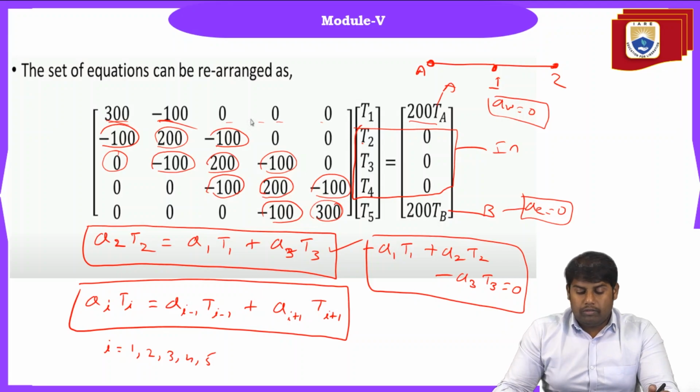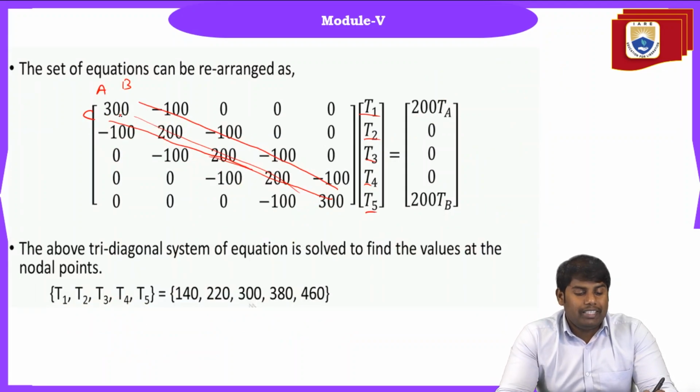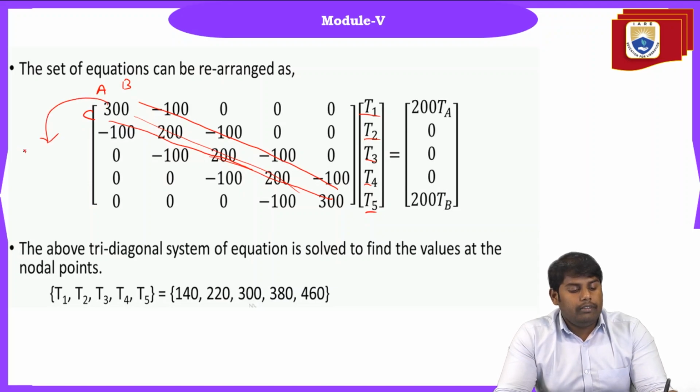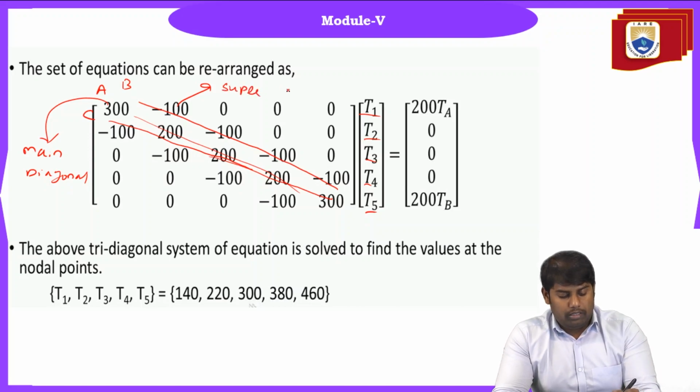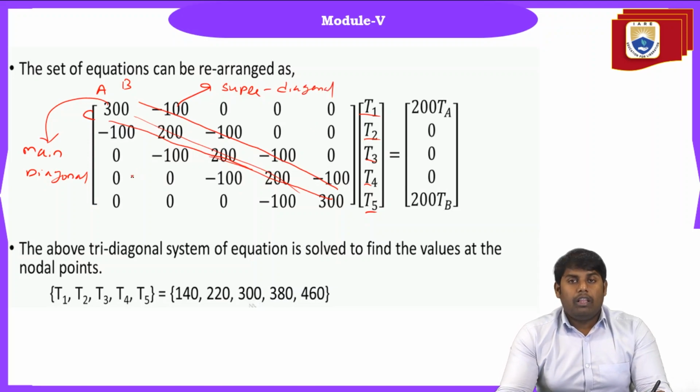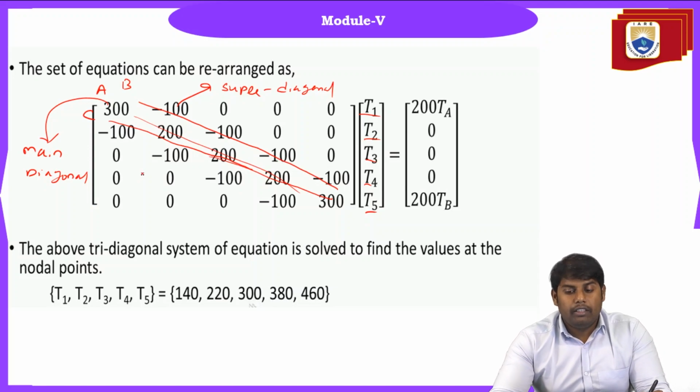Now to solve these forms, basically this is called a tridiagonal matrix. Why do we say tridiagonal? Since we have one main diagonal, the super diagonal, and the sub diagonal.